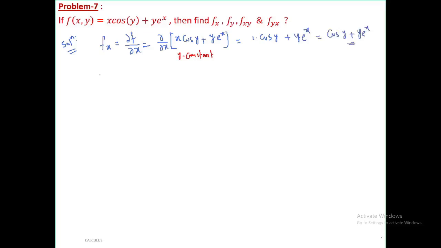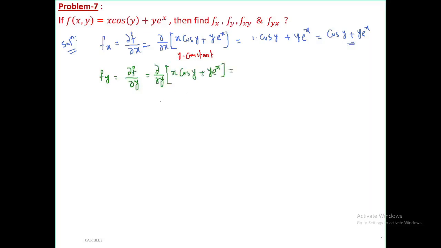Next one, fy. With respect to y, now x is constant. That means dou f by dou y, that means dou by dou y of f, which is x cos y plus y into e power x.